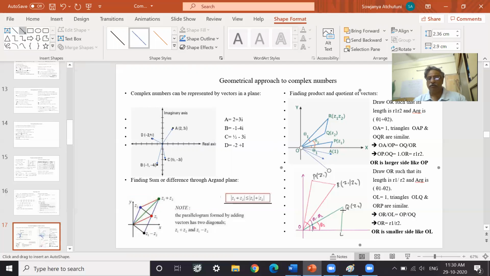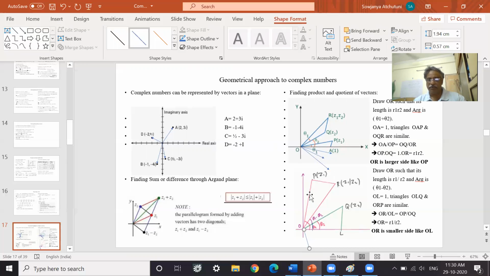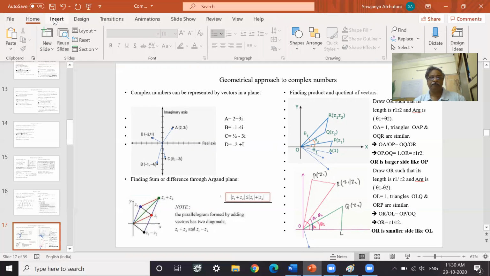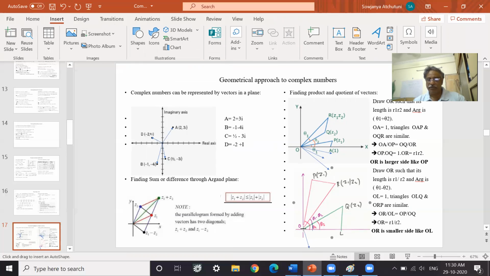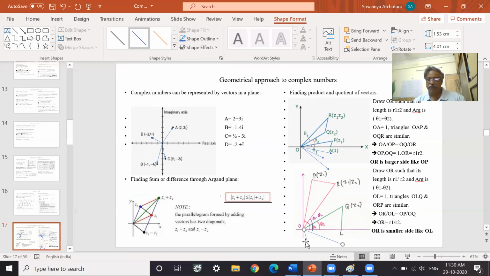Suppose what is Z1 bar here? This is Z1. So my Z1 bar will go in this direction, further to a length equal to this. Again, what is Z2? My Z2 is the mirror image of this. So when I divide in this sector using the same principle of parallel similar triangles, I'll get Z bar as R bar.